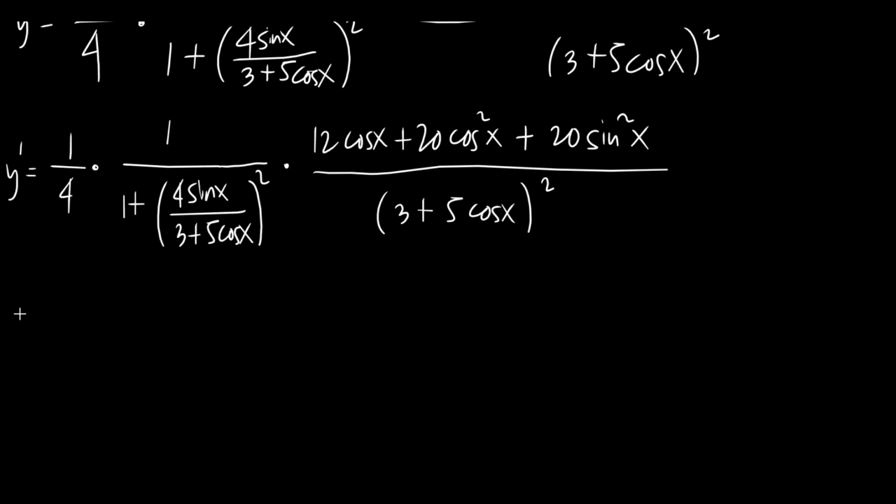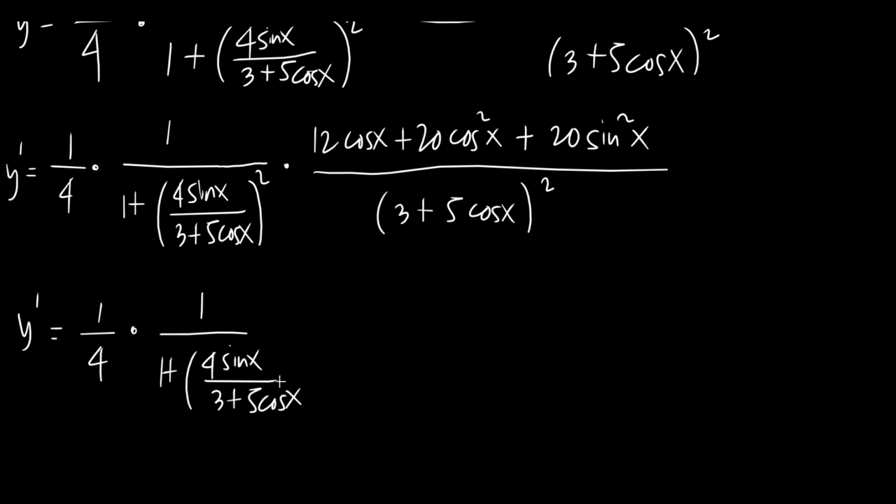So we have y prime. So y prime is just equal to 1/4. So just copy: 1 plus 4 sine of x all over 3 plus 5 cosine of x squared.